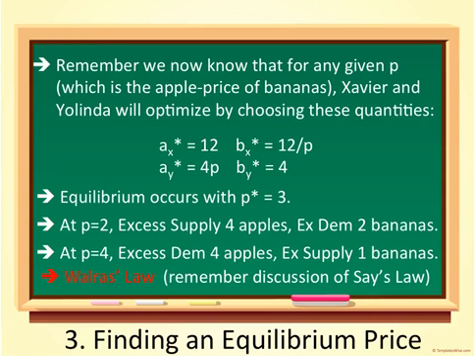For the P equals 2 example, the excess supply was 4 apples, and the excess demand was 2 bananas, but those actually have the same market value, and they're just opposite. Because at P equals 2, the excess demand of those 2 bananas is actually a market value excess demand of 4 apples, right? Because each banana has a market value of 2 apples.